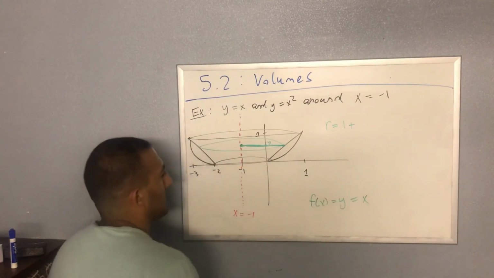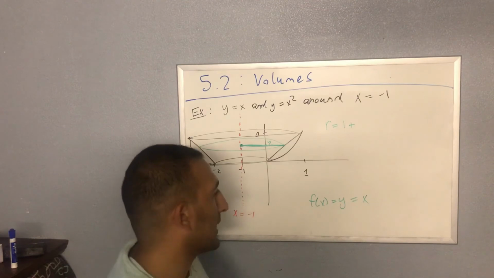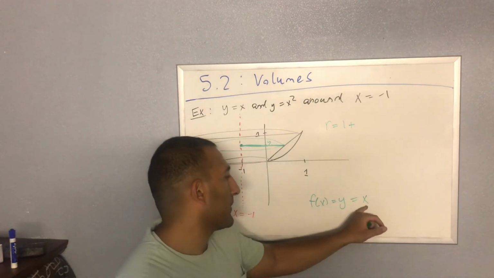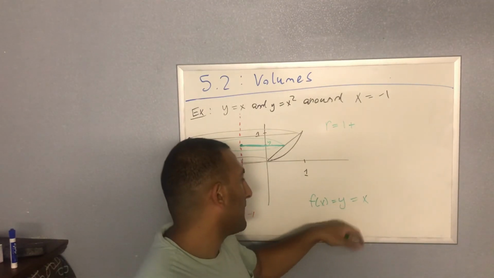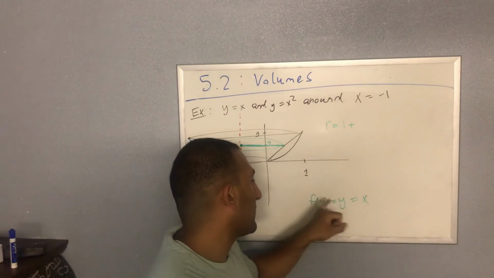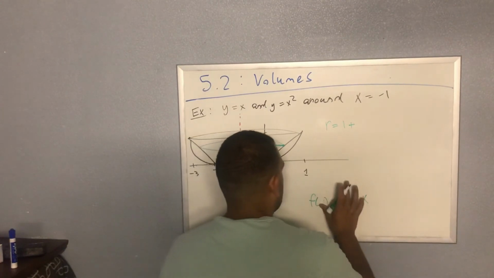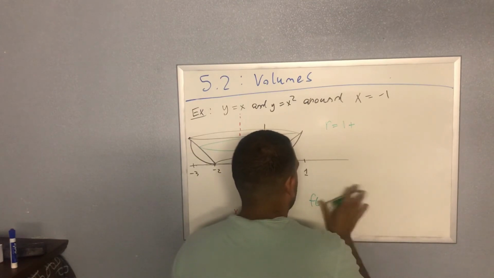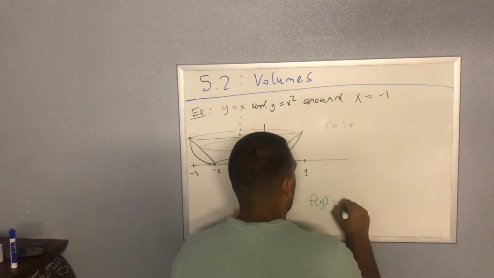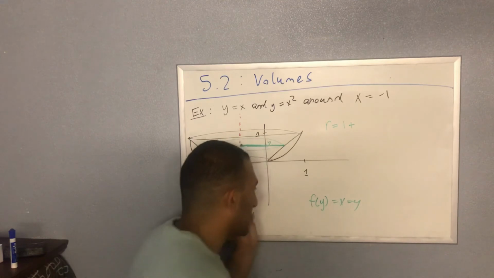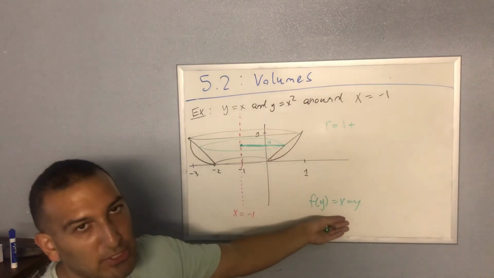You can also think about this, like we were saying: I give you an x coordinate, you tell me the y, but you can also think about it as I give you the y coordinate, you tell me the x. So you can think about this as f of y equals x equals y. This is not too revolutionary because nothing changes here.